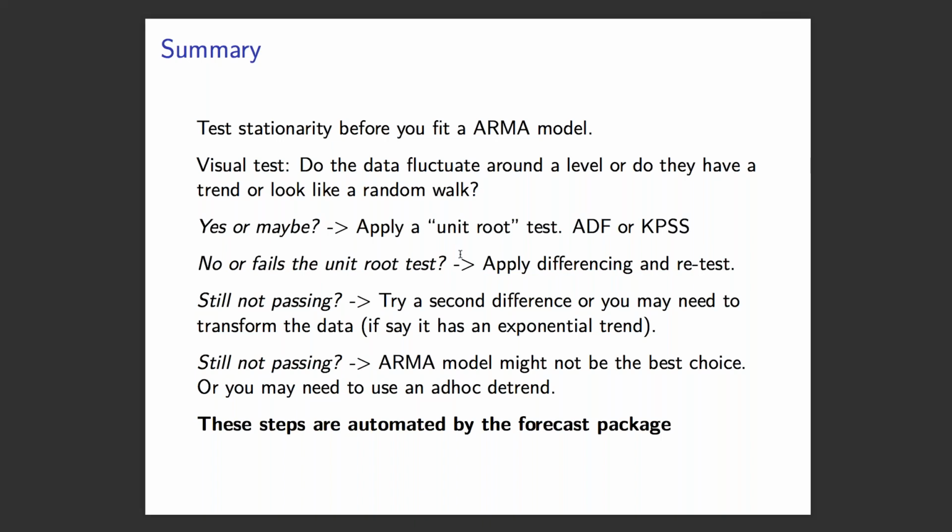And then if it fails those, you apply differencing. Still fails, try some second differencing. And then if it's still not passing, then kind of rethink, is this really what you should be doing, or you've got some other issues in your data that you shouldn't just blindly apply this type of law. And as I said, these steps are automated by the forecast package.